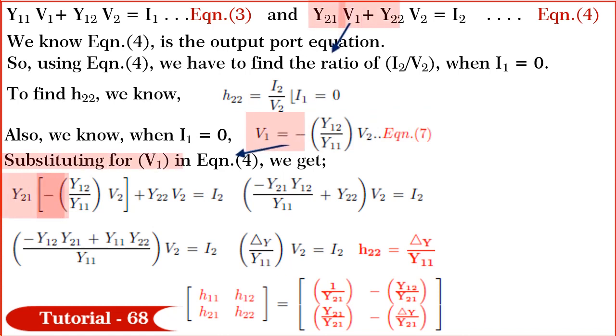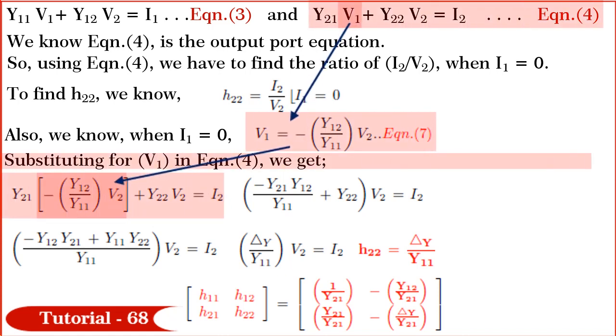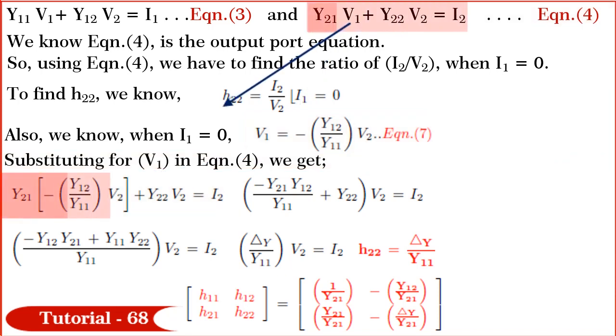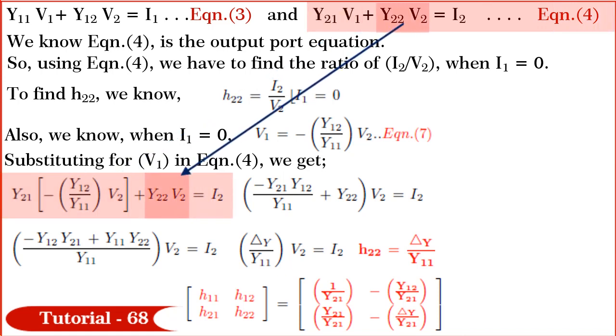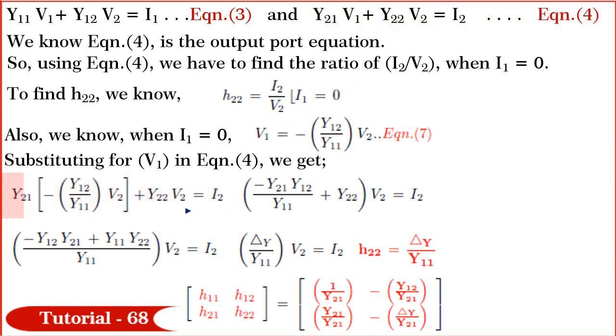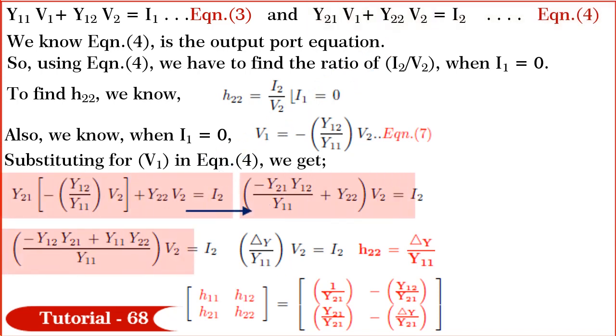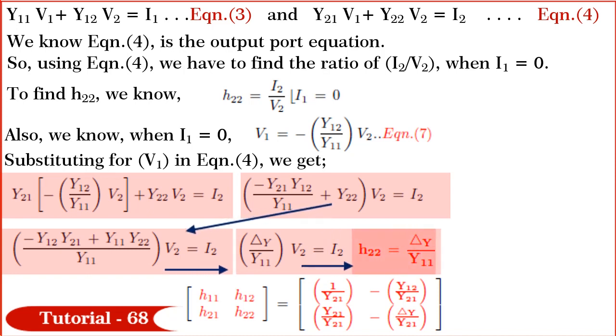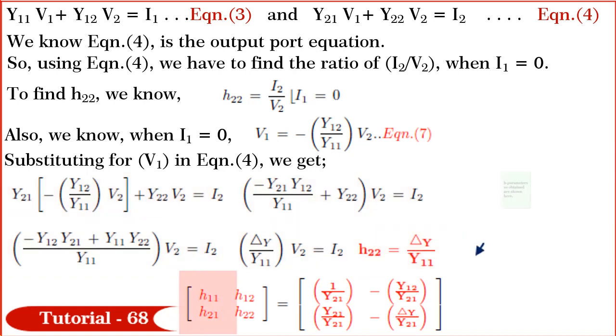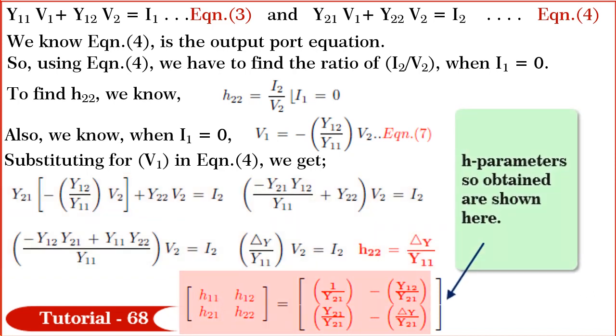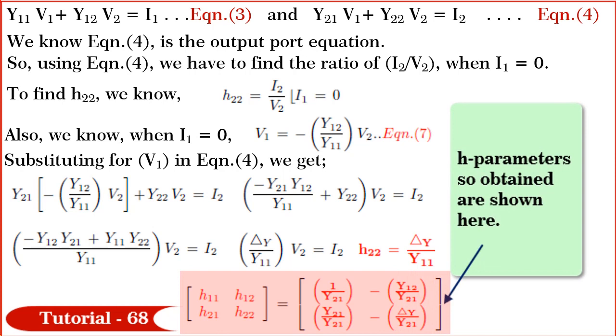Hence, substituting for V1 in equation 4, we get Y21 into bracket minus Y12 divided by Y11 into V2 plus Y22 V2 is equal to I2. By solving and rearranging, we get H22 is equal to delta Y divided by Y11. Friends, do you feel that this procedure is quite simple?